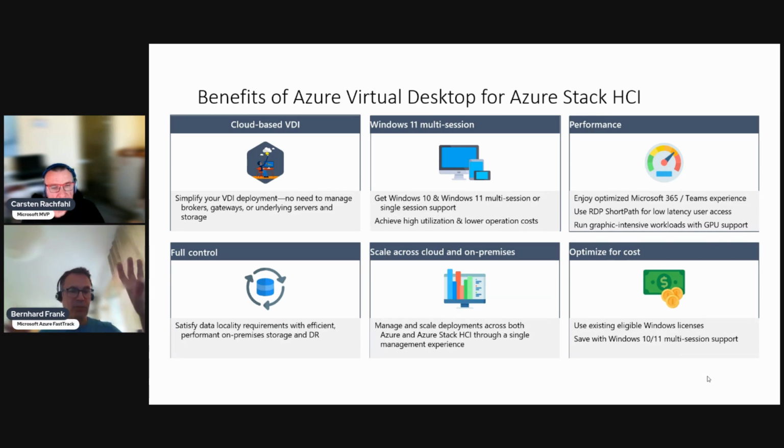That would not be the ideal setup for the user. It might be more optimized from the experience the user has if the desktops are close to the database or the backend. And that might require you to stay on premises.